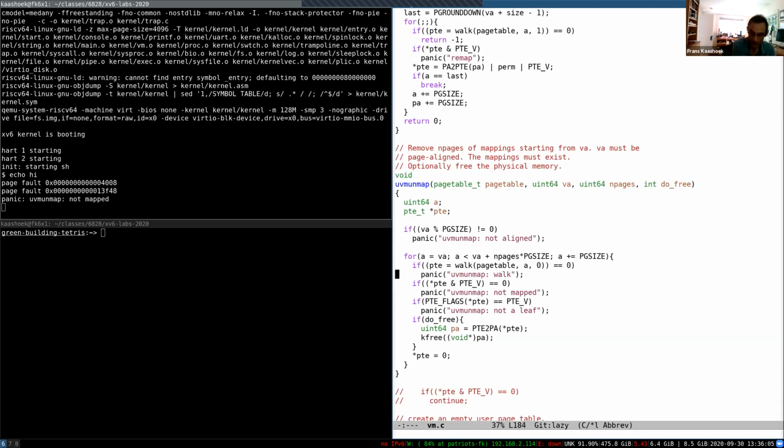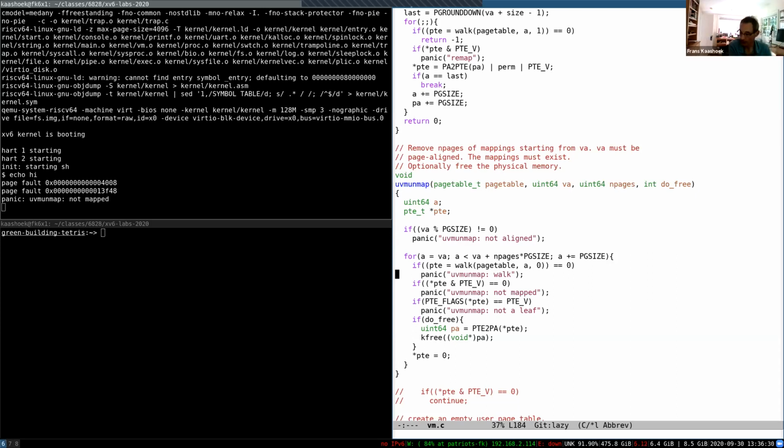And what could that be? Why would you think we even get this panic? Anybody? What memory is being unmapped here? Most likely the one that was lazily allocated and not actually allocated. Yeah, exactly.